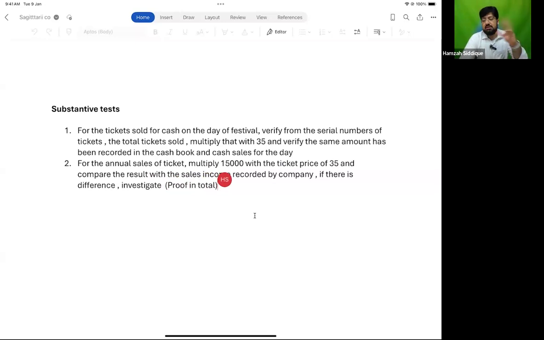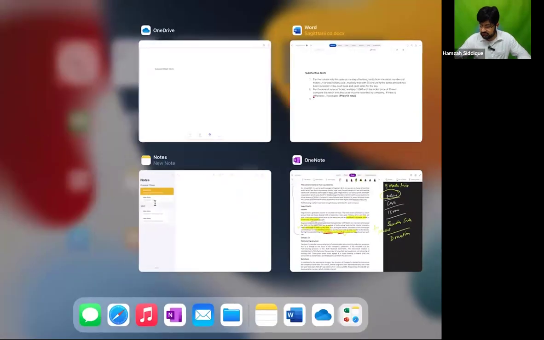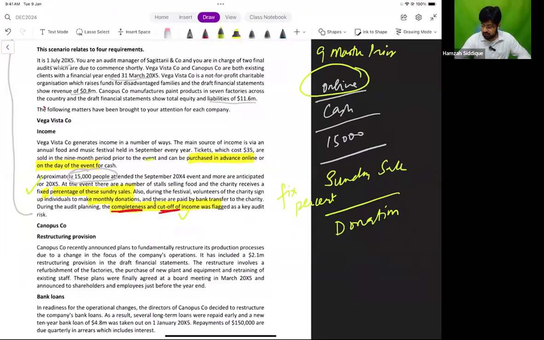You are applying the average, taking the total sales, proof in total, comparing with the recorded amount. Now, the next point was, you see here, we have written one procedure on both of these.